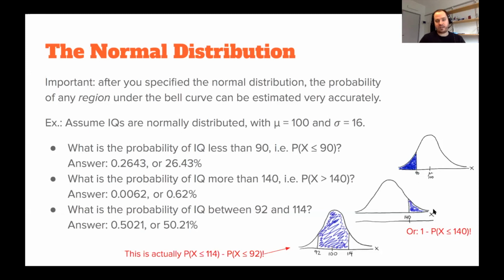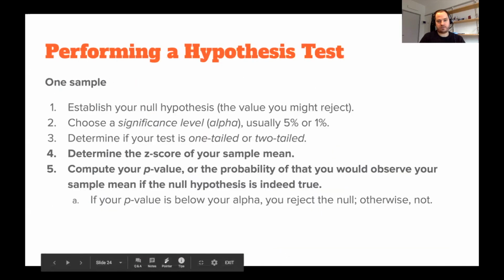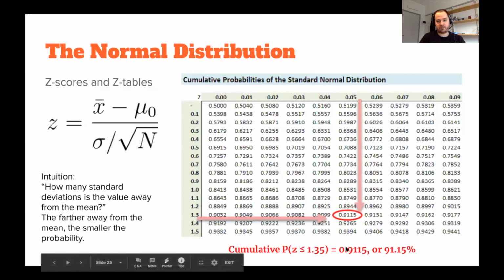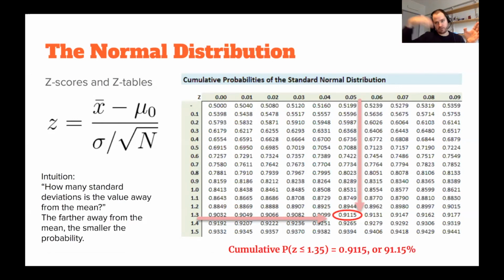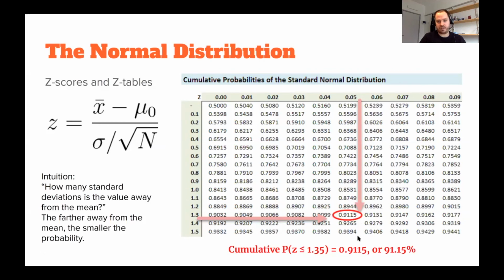If you had a one-tailed test to the right, where you're testing for values that you observed or larger, then you would have to take 1 minus the value that you got. So for example, in this case, since I got 0.9115, which is 91.15%, but I'm interested not in the cumulative probability to the left but to the right, I would take 1 minus this, and that would be 9.85%.